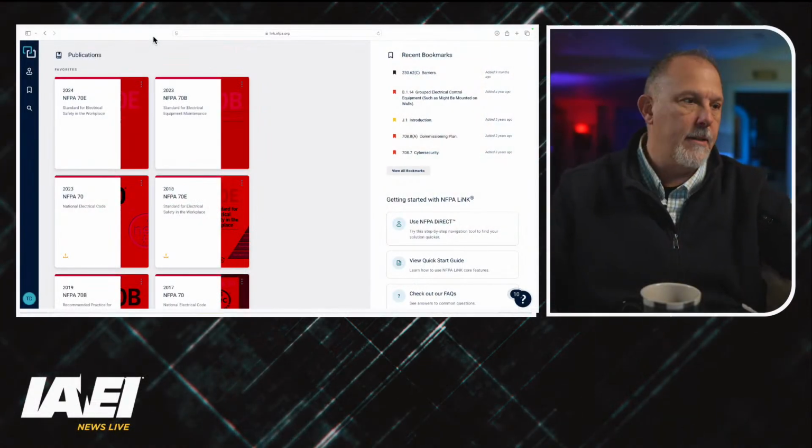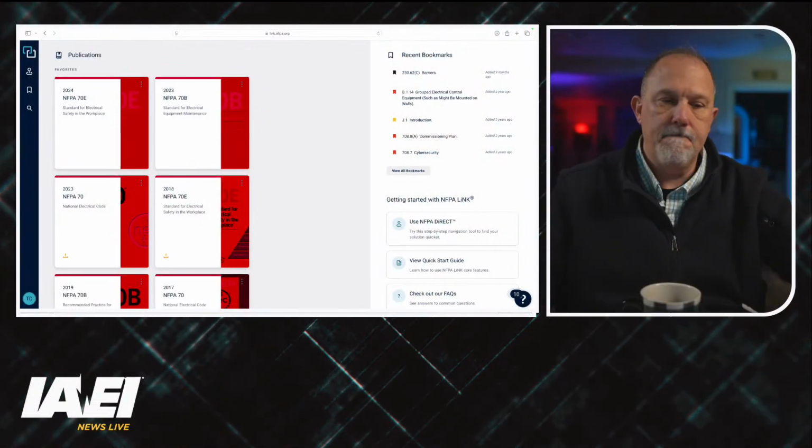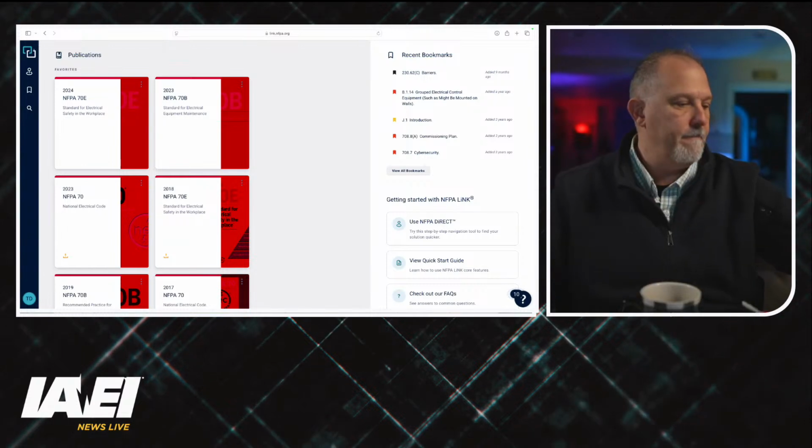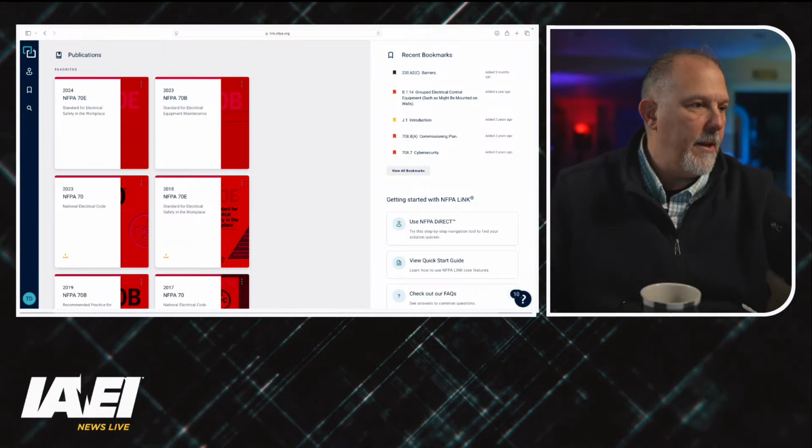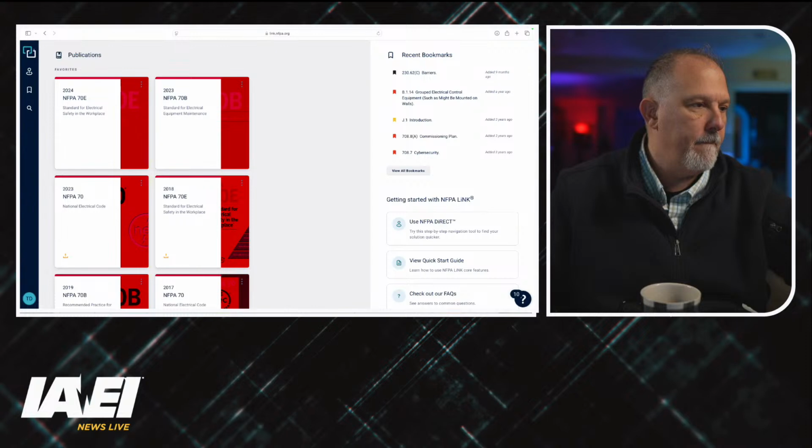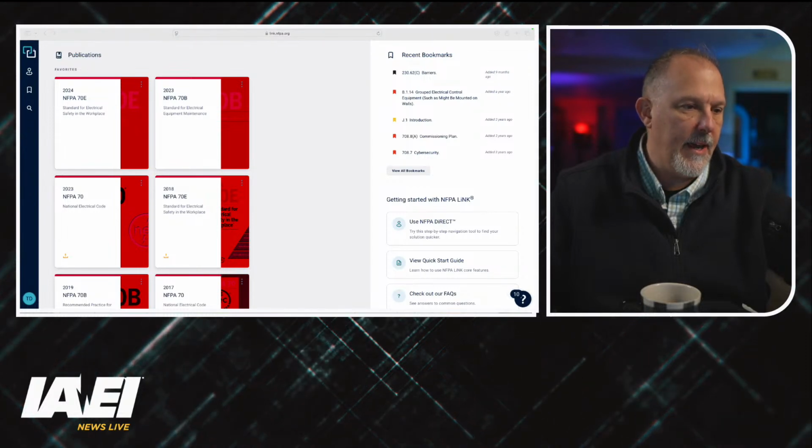So the most obvious location, I've got to get to NFPA LiNK. So I got to bring up NFPA LiNK. I'm going to put it over here. So I got NFPA LiNK over here, and on, I need to bring up, I have desktop.